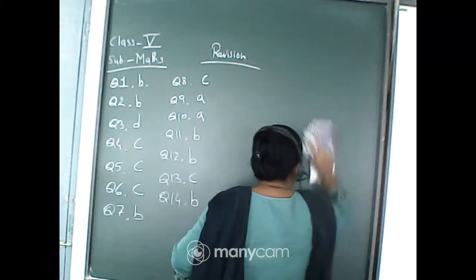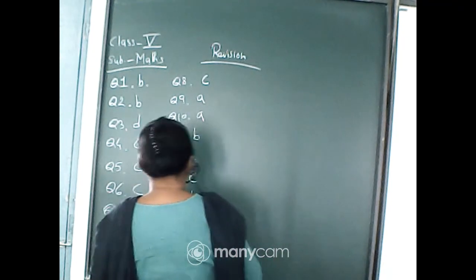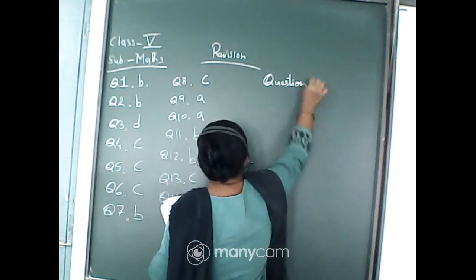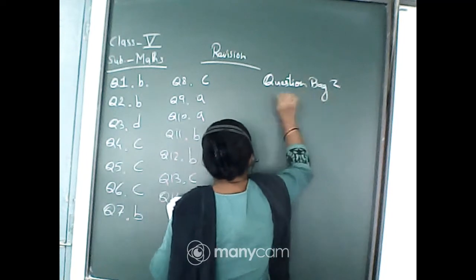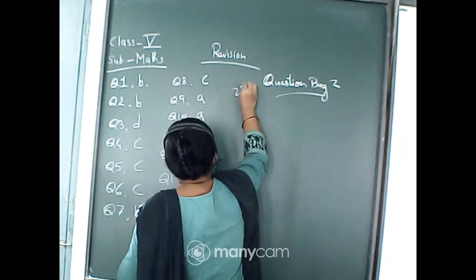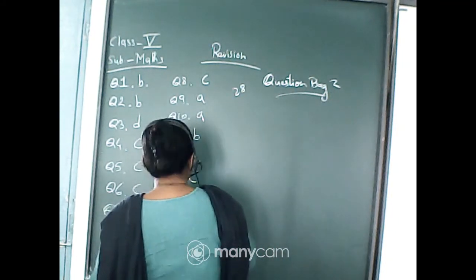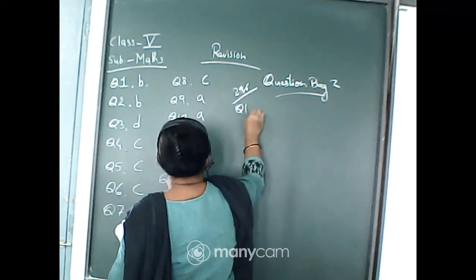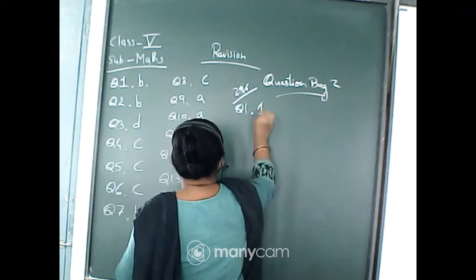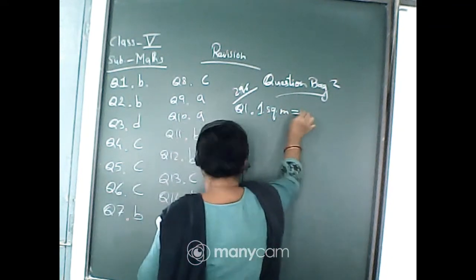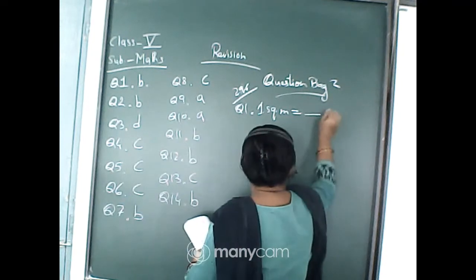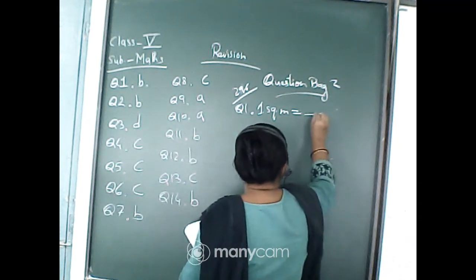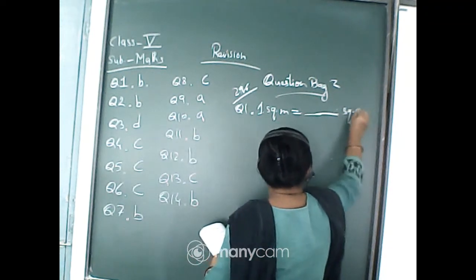This is question bag 2, page number 296. Question number 1. 1 square meter is equal to dash square centimeter.